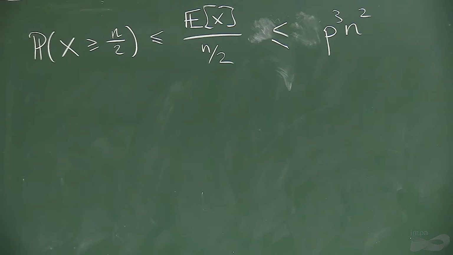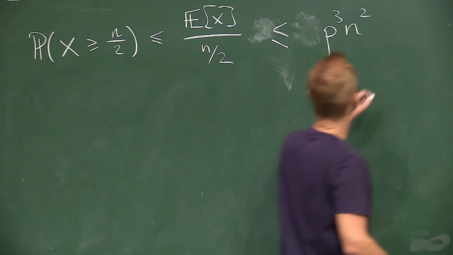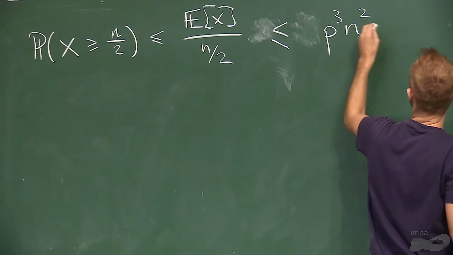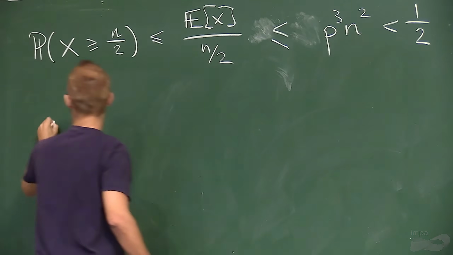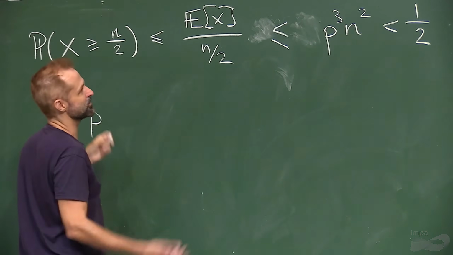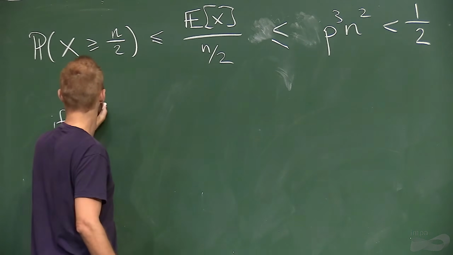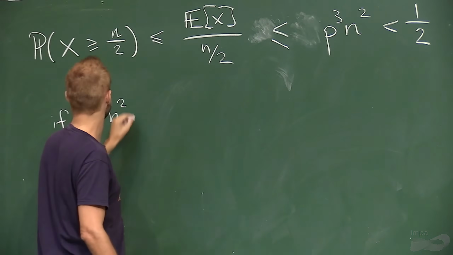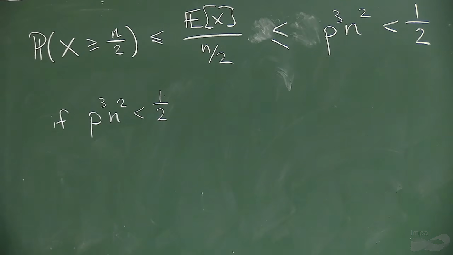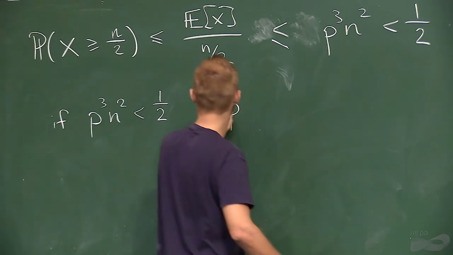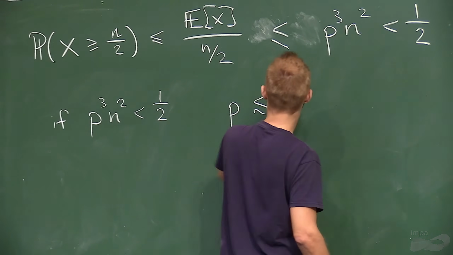Okay. So this thing is less than a half if p cubed n cubed is less than a half. So we can take p to be less than n to the minus 2/3.